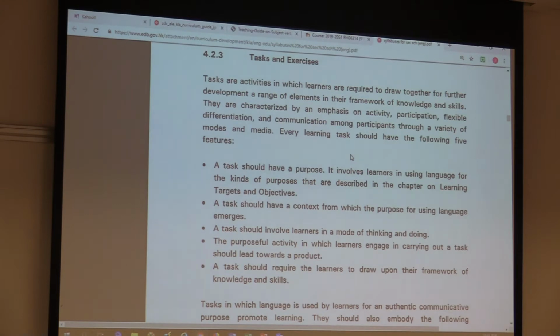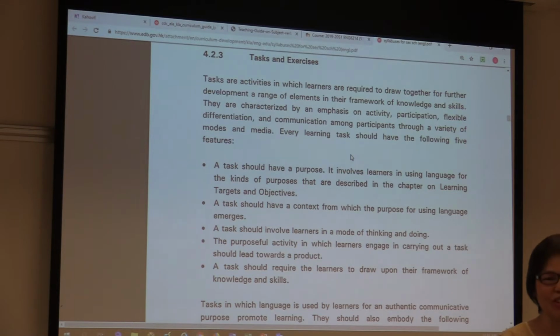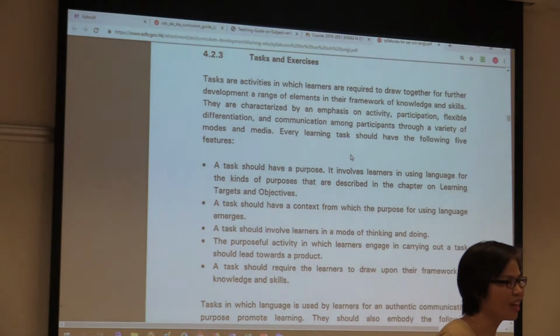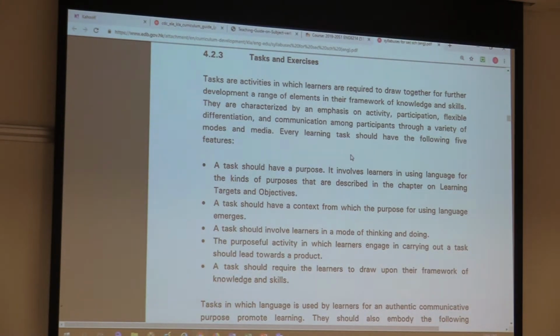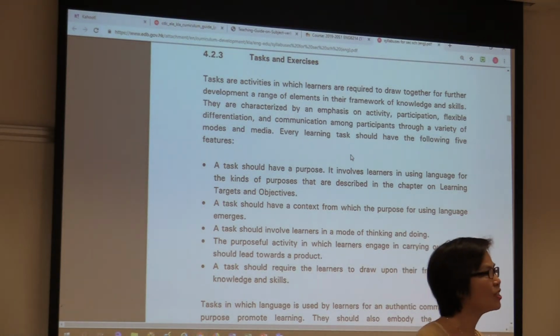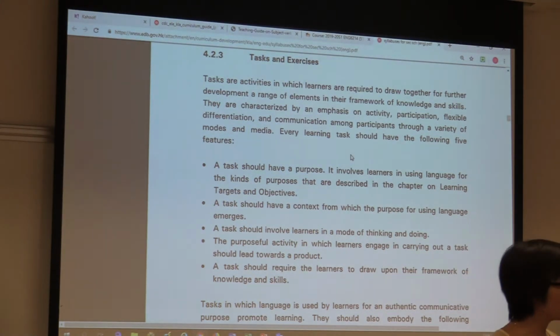Maybe you can rephrase it by asking, why do they have to do this? Can you think of a context where they have to introduce themselves? For example, a photo album competition, introducing themselves to their classmates, and then you can see who did it the best and get the prize. So if you really want to follow the task-based approach, you can rephrase the context a bit to make it more meaningful.